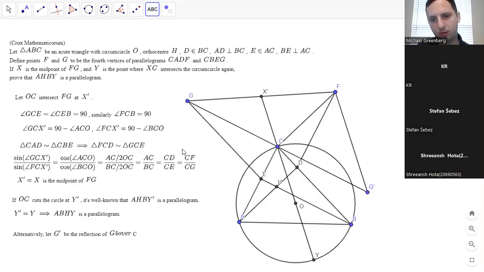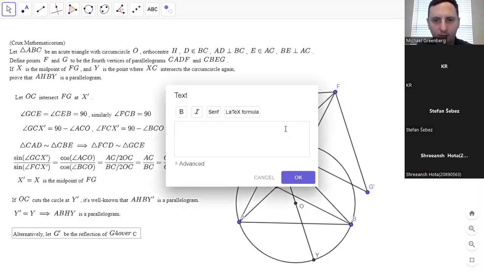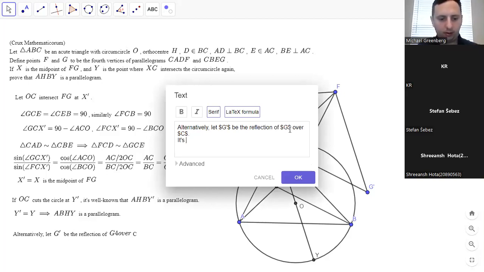So let me think about that. So this angle is equal to angle C, and then this is equal to this. Yeah, okay. So I'll just say it's easy to show that G prime is congruent to CAB.